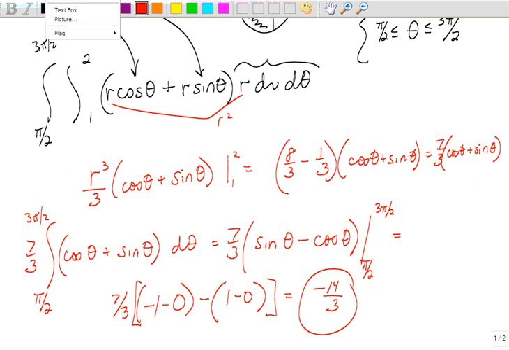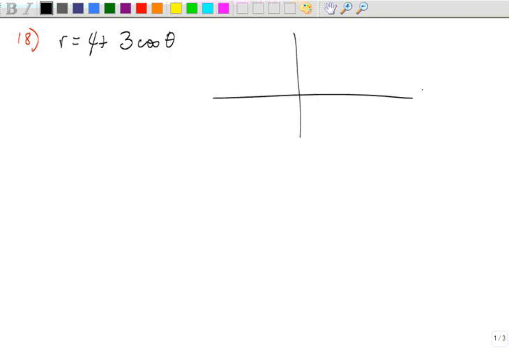Okay, 18. I have r equal 4 plus 3 cosine theta. The picture of that looks like, at cosine 0, at 0, I get 7. At pi over 2, I get 4. At pi, I get 1.